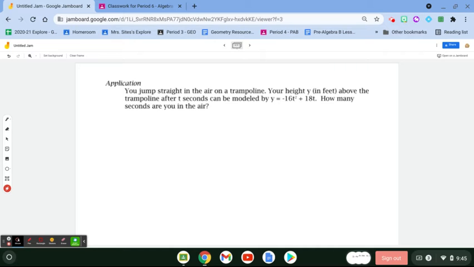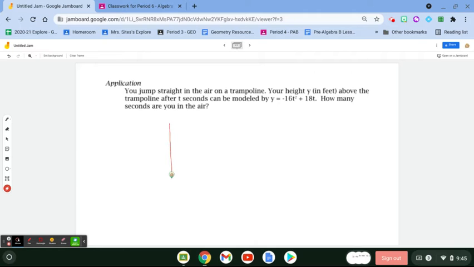Okay, so when we think about this, your height above the ground after t seconds is modeled by this polynomial, in this equation. So when you're at ground level, I want you to think about what's happening here.